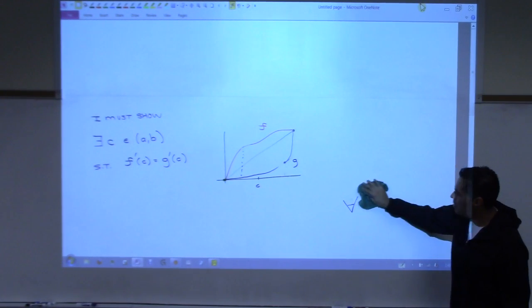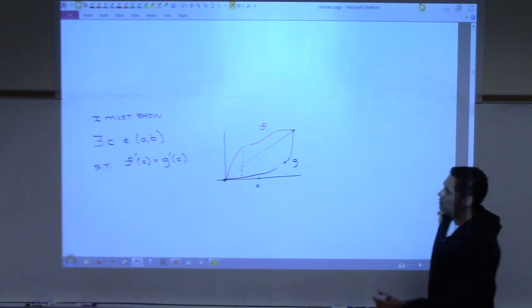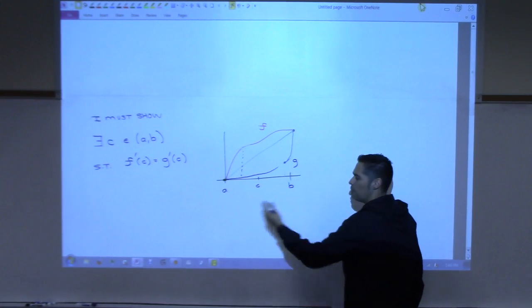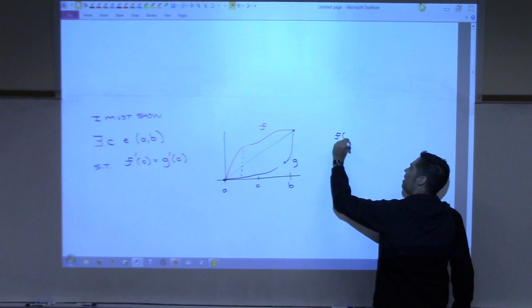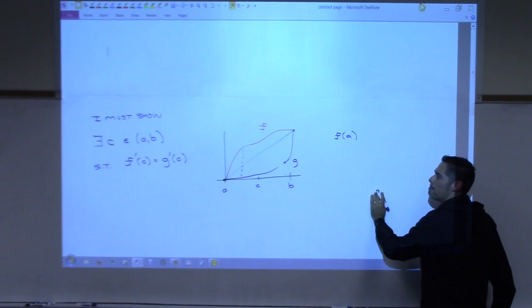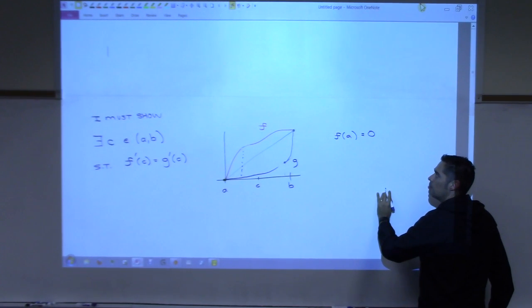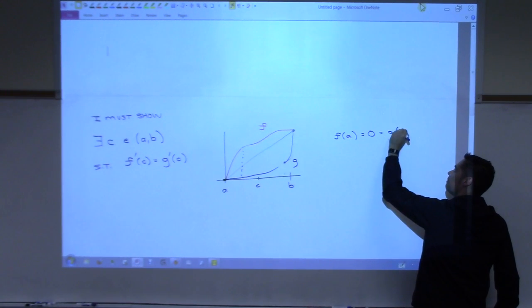All right, so here's what I'm going to do. Let's label this A, and let's label this B. All right, the two endpoints. Just so we're all clear, what's f of A? 0. Right? But that's also g of A, isn't it?